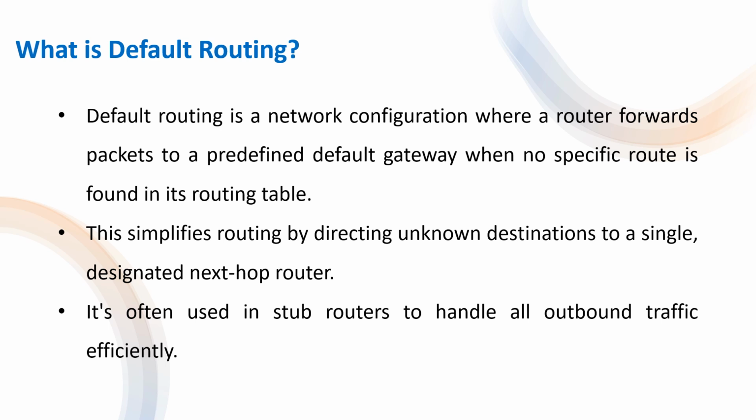It helps streamline network management by reducing the need for detailed routing entries and is commonly used in situations where a network has a single exit point or to simplify routing configuration in large networks.